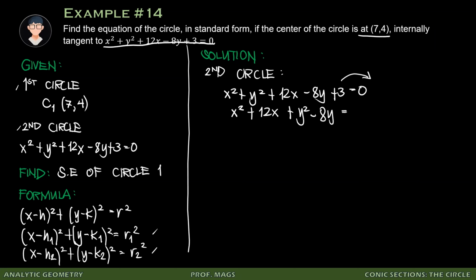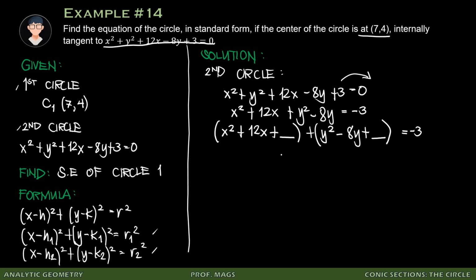So since this is positive 3, pag nilipat natin sa kabila, it will become negative 3. Okay? Then after that, you're going to put a space. Then lagyan mo din ng parenthesis, plus (y squared minus 8y plus), then close parenthesis, is equal to negative 3.